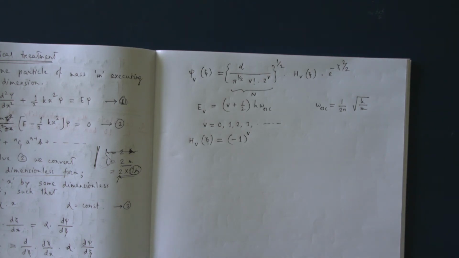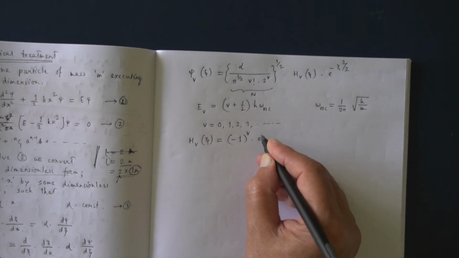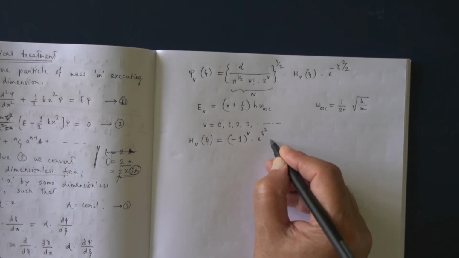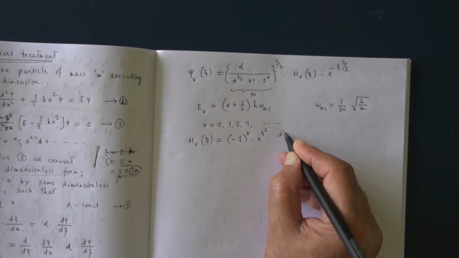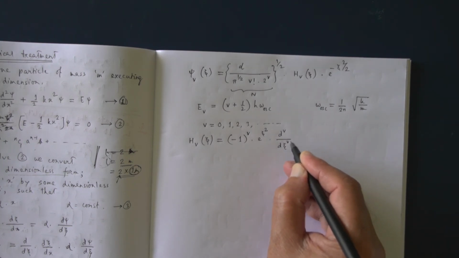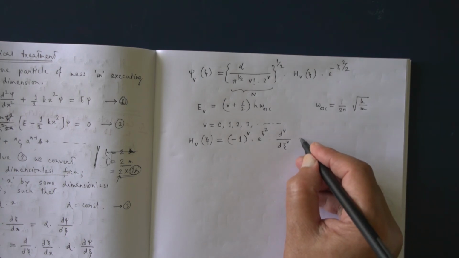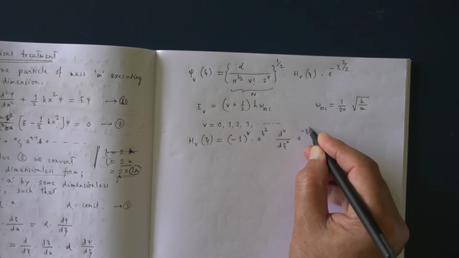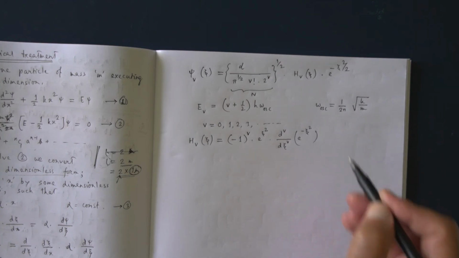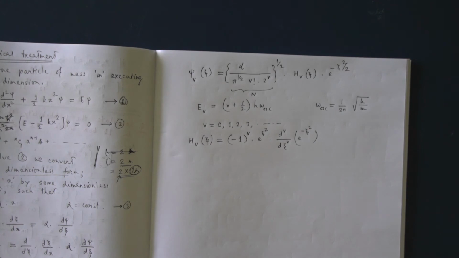It is minus 1 to the power v, into e to the power xi square, into d^v by d xi^v of e to the power minus xi square. This is the expression for Hermite polynomials.